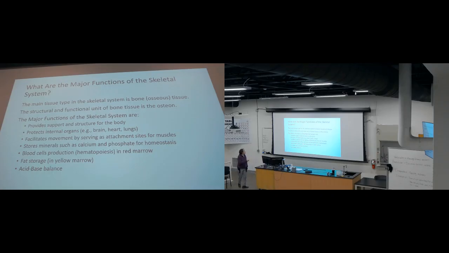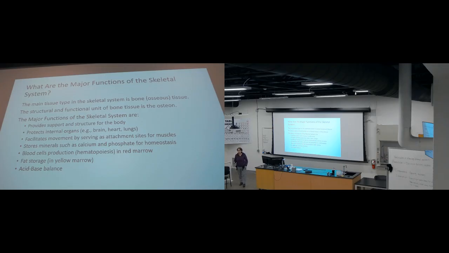Well, it will be to provide support and structures to the body. We saw this before. Protecting internal organs, so this is a summary of what we saw. Facilitating movement and point of attachment for the muscles. And as well as storing minerals like calcium and phosphate.